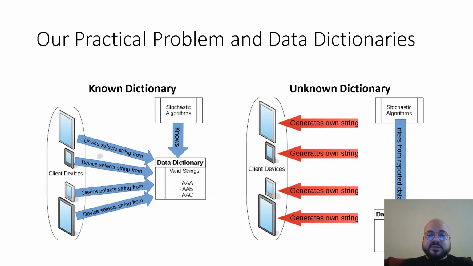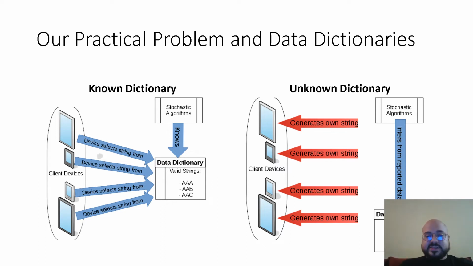Under an unknown dictionary, each device generates its own string. Our stochastic algorithm must create a data dictionary from the received reports. Since the reports are noisy, the strings are somehow corrupted to avoid interception by an attacker.